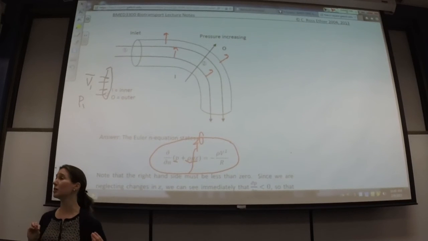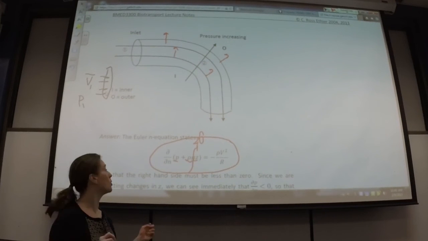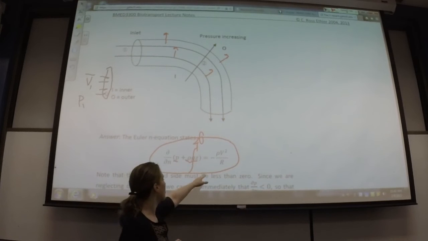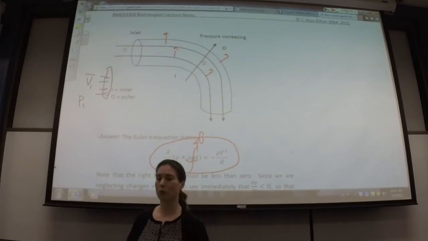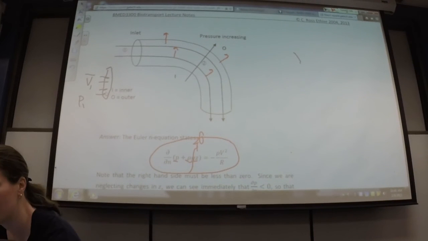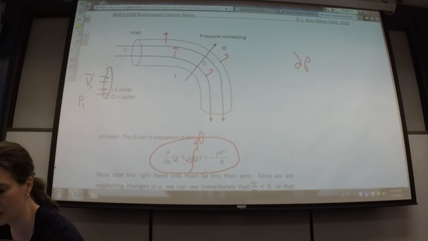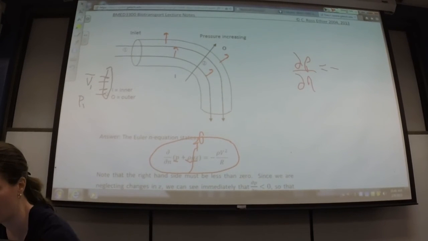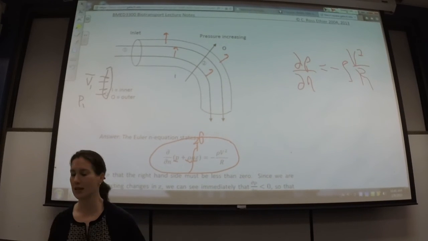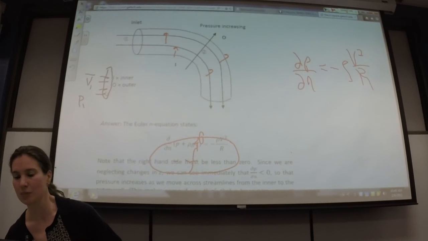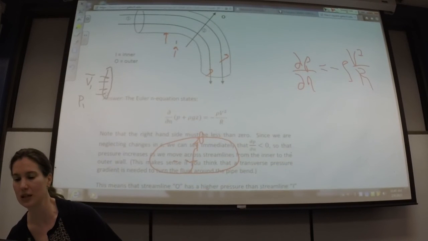Now the key to thinking about this is that we've got a minus sign here. So we're left with dp dn equaling minus rho v squared over r, which is saying that our dp dn is going to be less than 0.